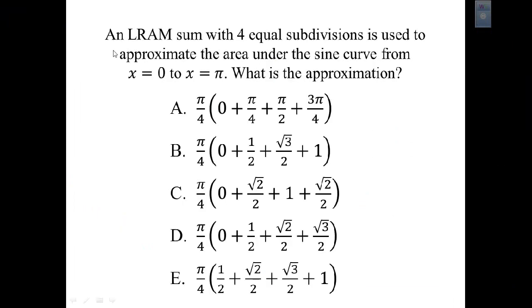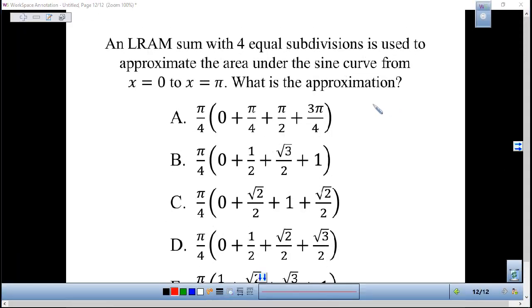All right, next question. An LRAM sum with 4 equal subdivisions is used to approximate the area under the sine curve from 0 to pi. What is the approximation? All right, so we're approximating the area under the sine curve, so y equals sine x. We need to find the width of the subinterval.